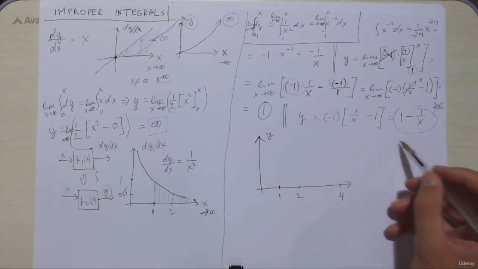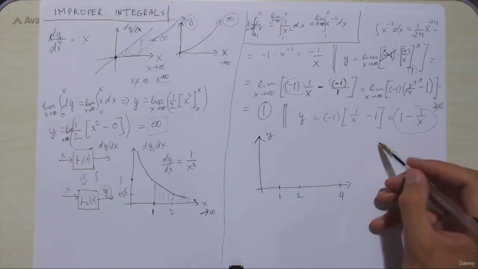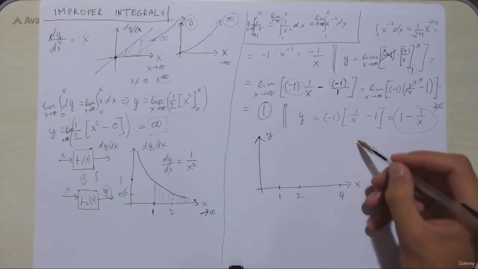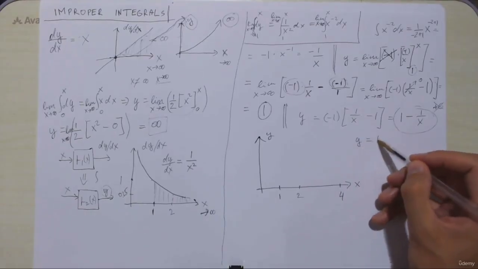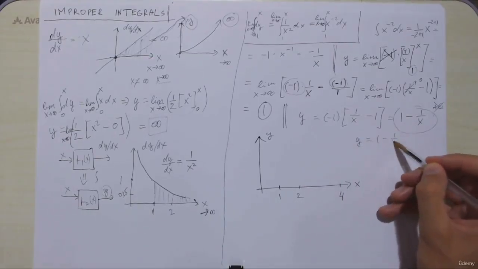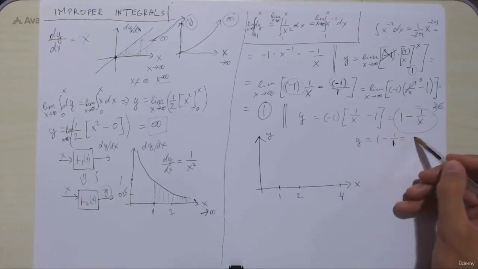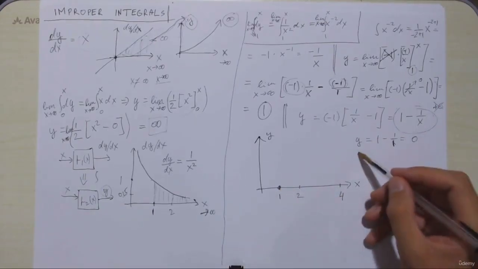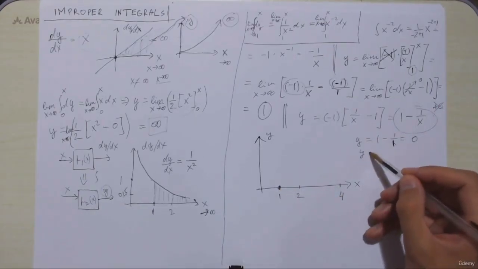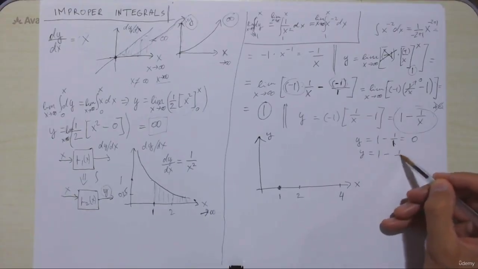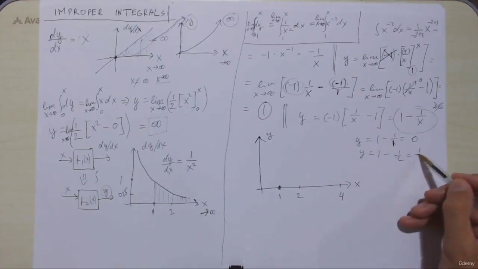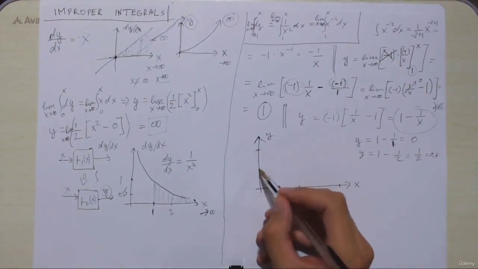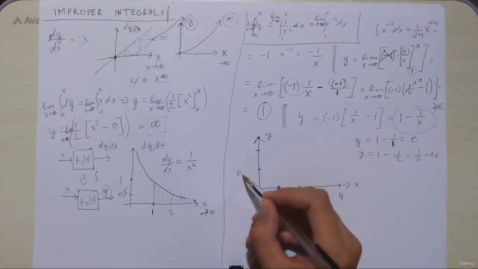So if I look at this function, then if my x is 1, what will I get? y equals 1 minus 1 over 1. Well, I get 0, right? So I'm here. Now if I have 2, then y equals 1 minus 1/2. I get 1/2, or 0.5, right? So I'm going to say that this is 0.5.